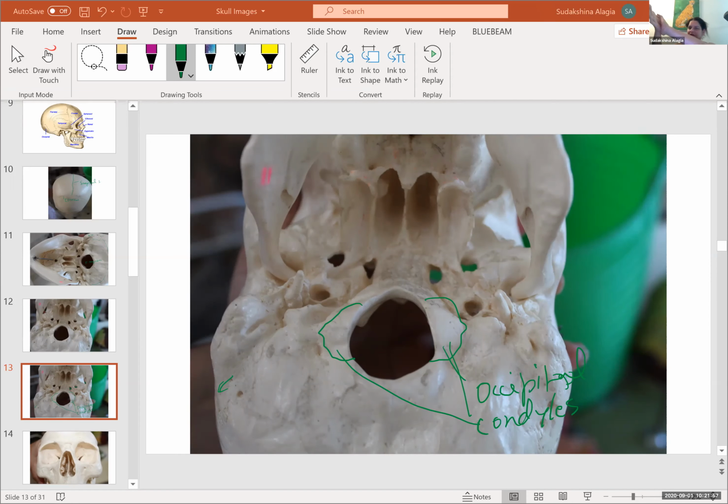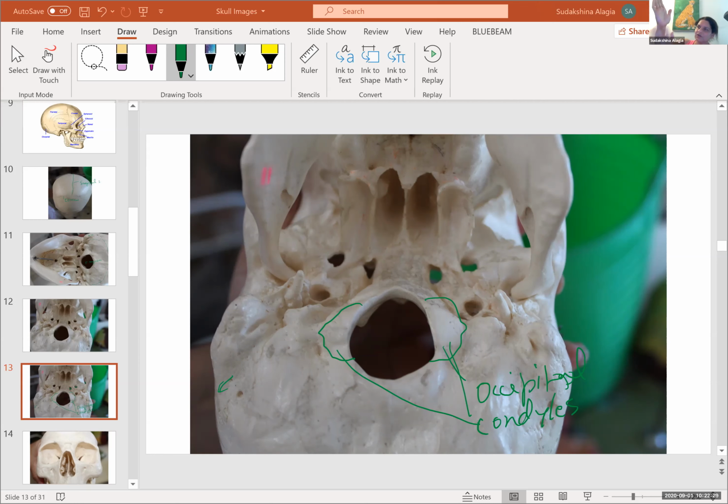So here, condyle. Can you guys see my hands here? Let's say I'm using my right hand. See the part of my palm right there. Think of a condyle as this kind of protrusion. Occipital condyle is like this. Every condyle is going to be a bulge, not a long protrusion, a bulgy, bulky protrusion.